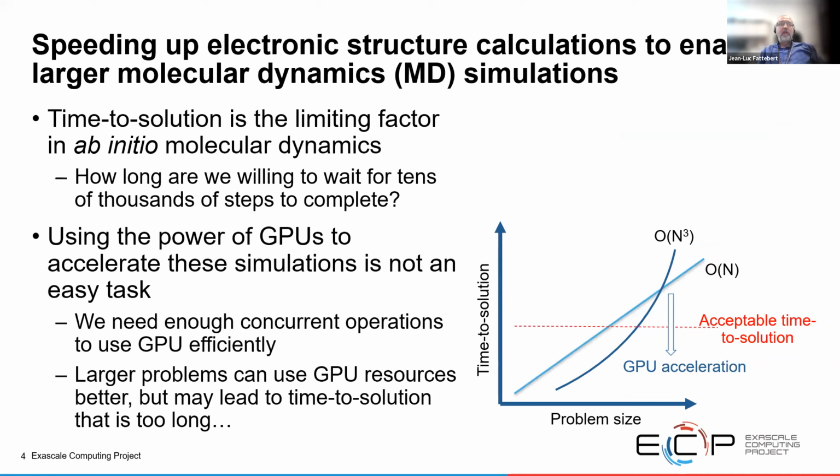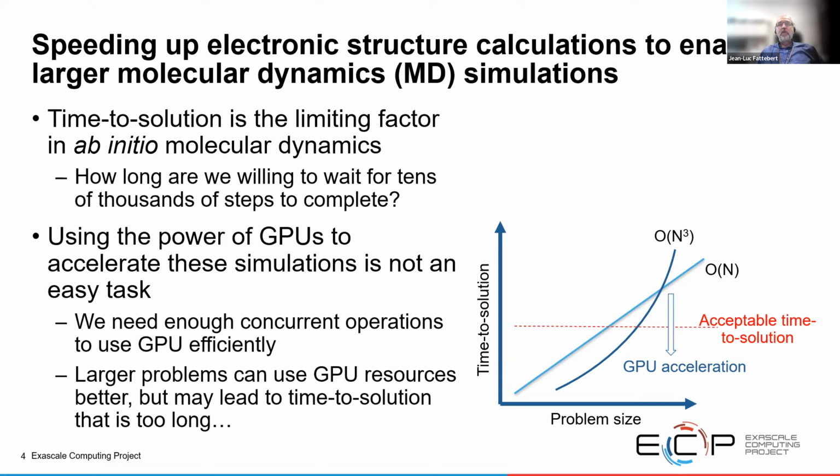Now, one key bottleneck for this code is how to speed up the simulation and enable larger simulations using GPUs. But typically, the time to solution is a limiting factor when you're interested in doing molecular dynamics.